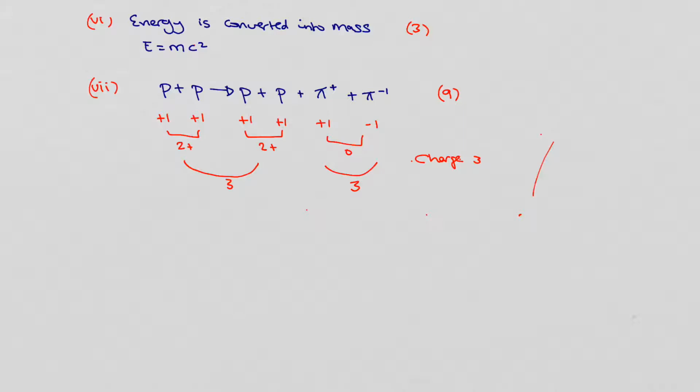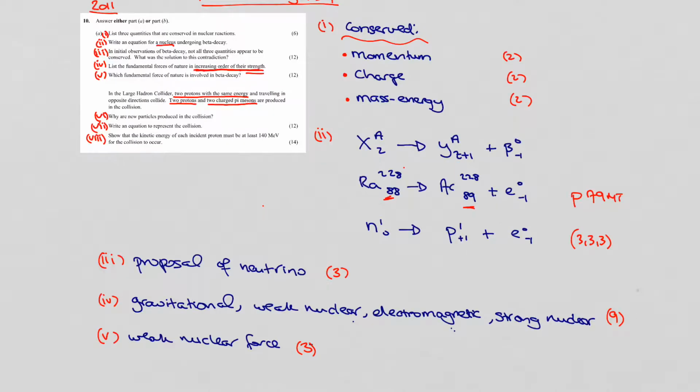Okay. So if we're looking at the next part of the question, part 8, let's go back and see. We have now to show that the kinetic energy of each incident proton must be at least 140 mega electron volts for the collision to occur.